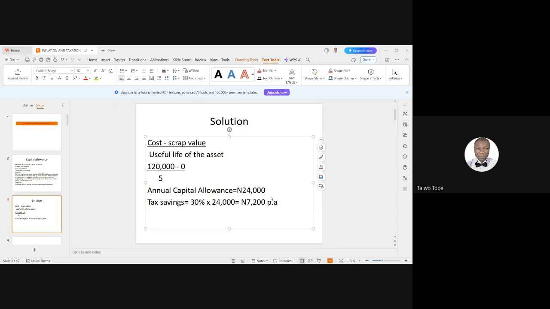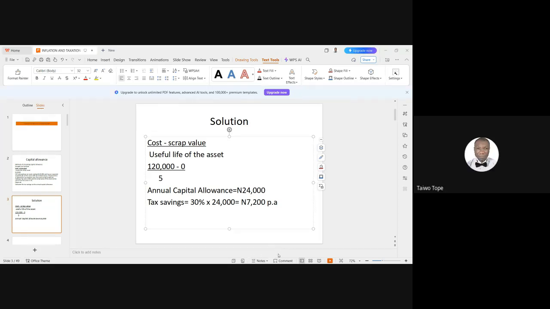So looking at the reducing balance method, let's show a format. Hello, sir. Yes, ma'am. Please, sir, in this solution, where is the tax written down value?